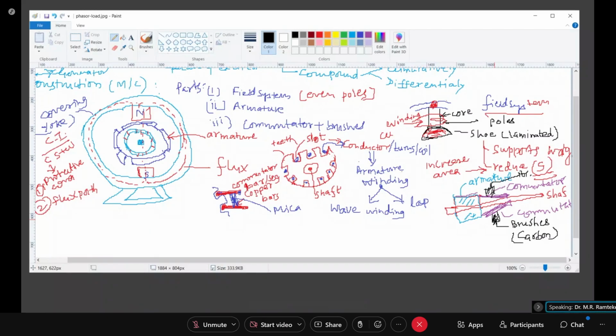You get a brush assembly where you have a spring pressure carbon brush, kept by the spring built into that assembly, because you want a continuous and perfect contact of the brush and the commutator segment, otherwise there will be sparking.